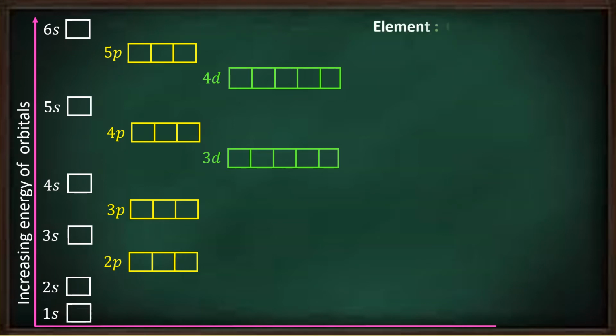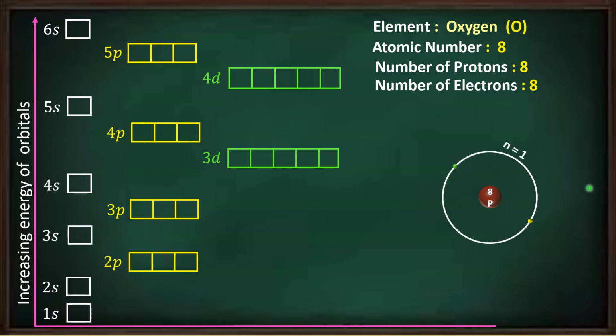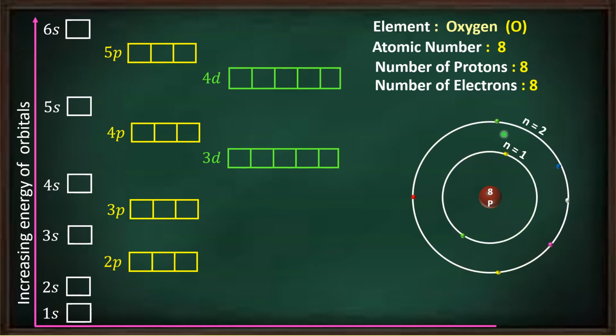Now let us move to the next element, oxygen. Its symbol is O, atomic number is 8, number of protons 8, number of electrons 8. So the nucleus of oxygen has 8 protons, 8 electrons are revolving around this nucleus, 2 in the first orbit and the remaining 6 in the second orbit.